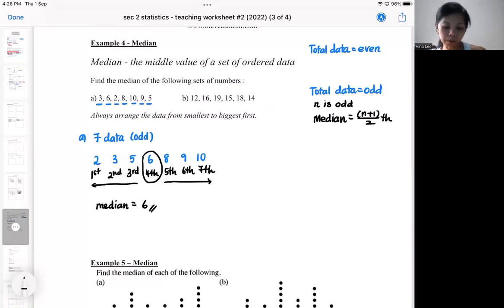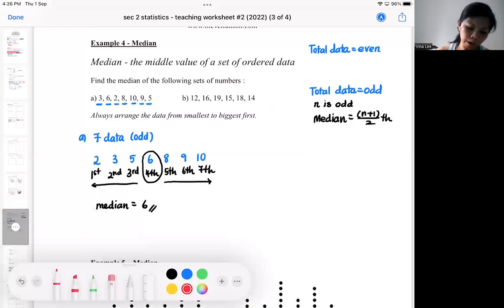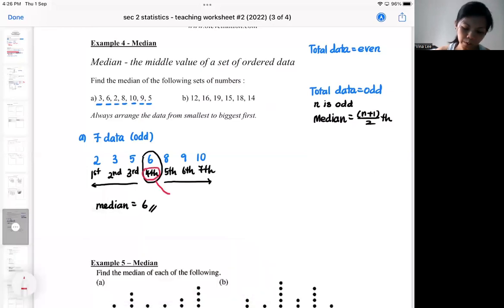So for example, how do I know it's the fourth? It's 7 plus 1 over 2, which is 8 over 2, which is the fourth data. Can you see? So that is the fourth data.